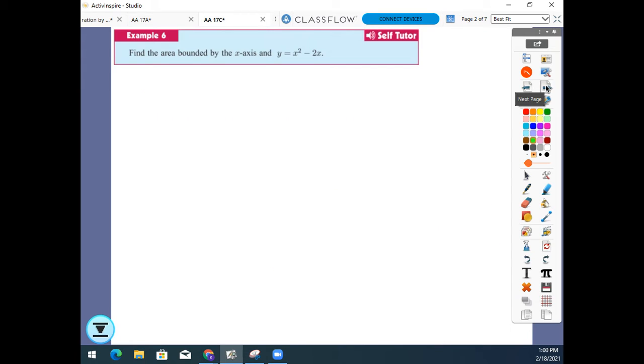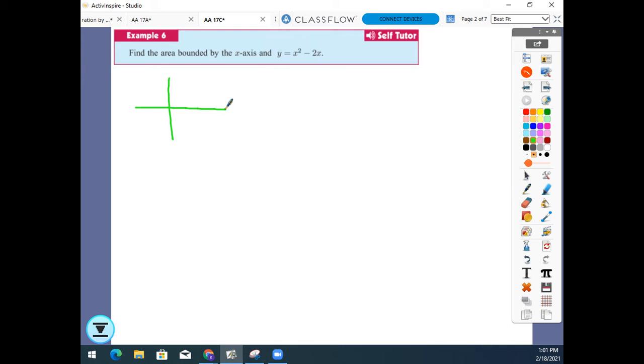Okay, so this says find the area bounded by the x-axis and y equals x squared minus 2x. So think about your non-calculator portion. If this is a calculator portion, I would absolutely just graph it on your calculator and you can see everything. If you don't, we first need to figure out where the graph is.